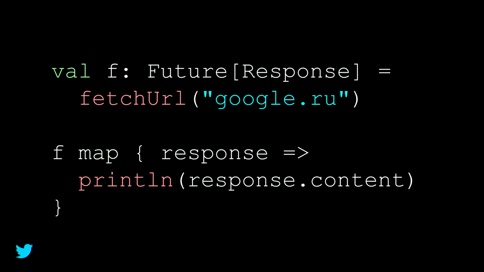Now, since futures are also collections, just like options, we can map over them, we can foreach over them, we can do all the usual things we're used to with collections. But they have interesting semantics because they're talking about computations that have or have not happened yet. So here we're just mapping over the response. When that response eventually does come back, we're going to println the content.